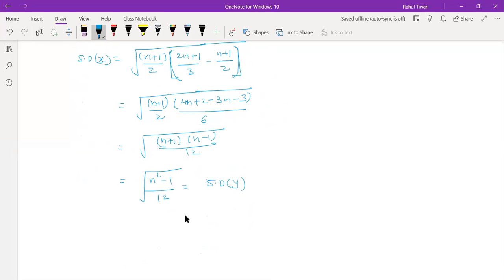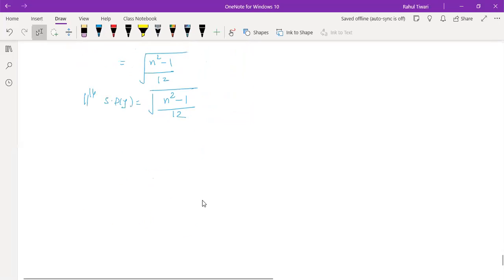Or I can simply write this one, not in this way. I will write similarly, standard deviation of y is equal to square root of n square minus 1 upon 12. And once you know this, I know what d is.